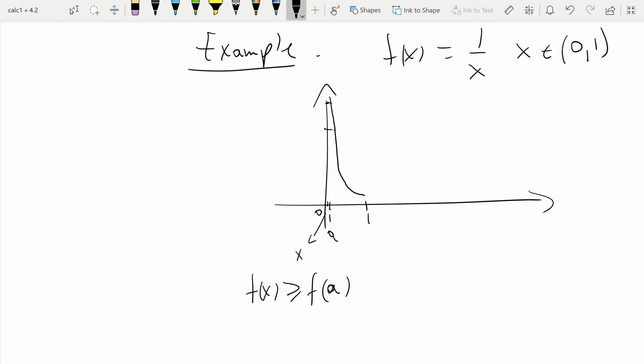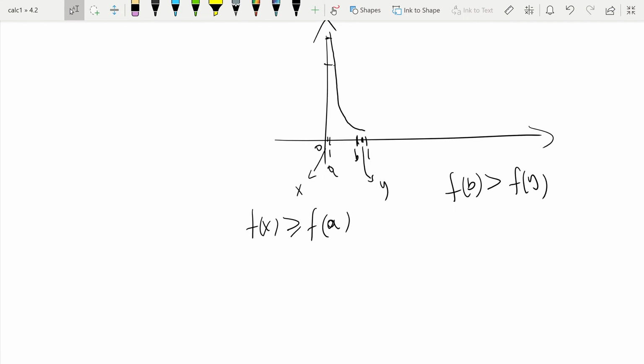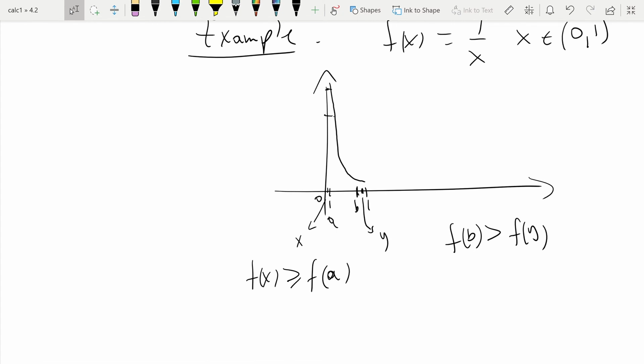And the same thing happens on the other side. If you think you found the smallest possible value, you can always find a value y that's closer to 1. You can always move to the right, and that allows you to find values that are smaller than f of b for any b in 0, 1.